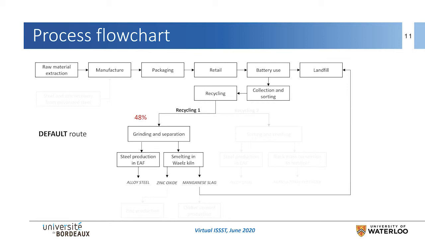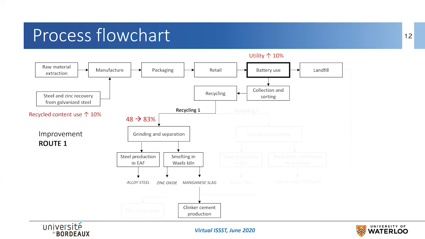After the battery has been used, it either goes to landfill or is collected for recycling, in which case we assume this particular recycling route, recycling 1, which recycles the battery to 48%, following grinding and separation processes, and eventually separation and recovery of steel and recovery of zinc oxide, whereas the manganese slag is considered waste and landfilled.